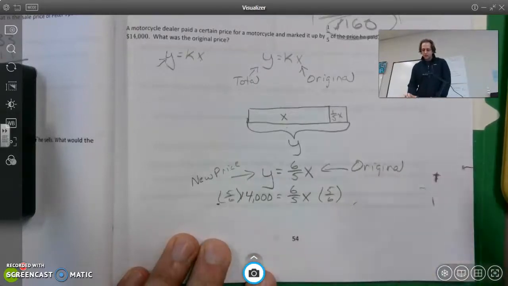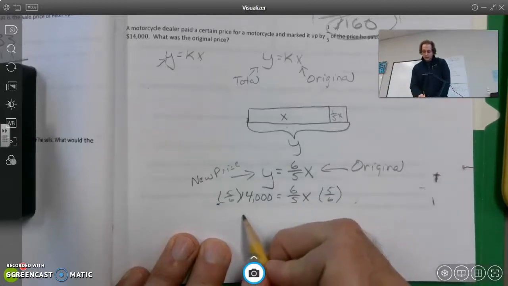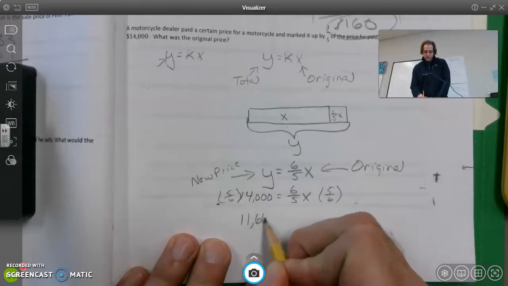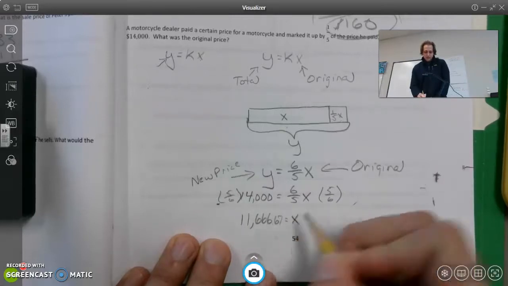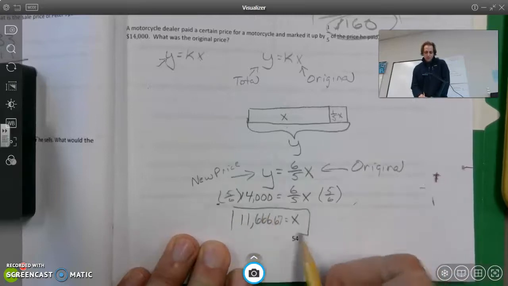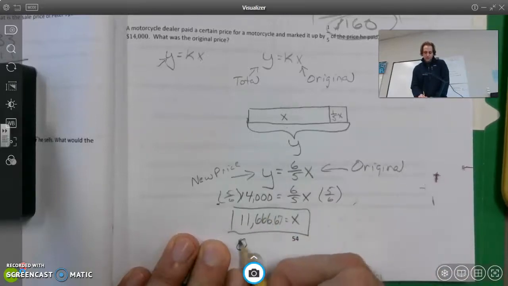And if I do that, 14,000 times 5/6 is going to be $11,666.67. This would be the value that he paid for it. This is the original price.